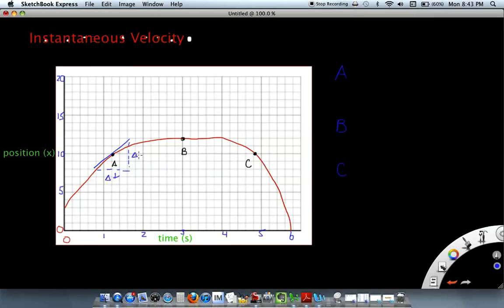This represents my change in position or change in displacement, and that would give me my instantaneous velocity would represent this slope. And if you notice, this is a positive slope, so for position A, one way you could describe the velocity is it is a positive velocity.